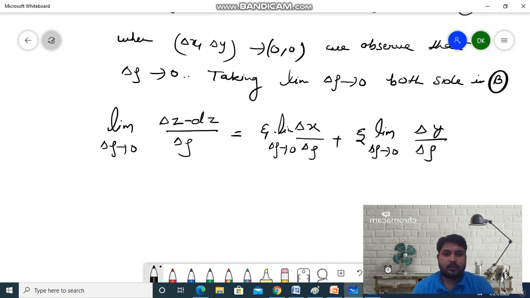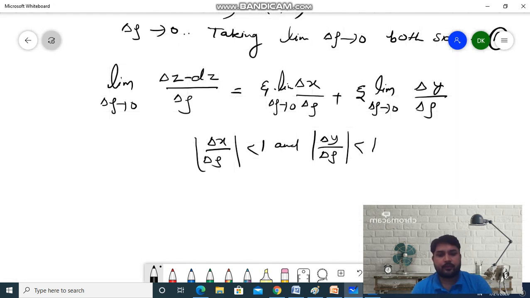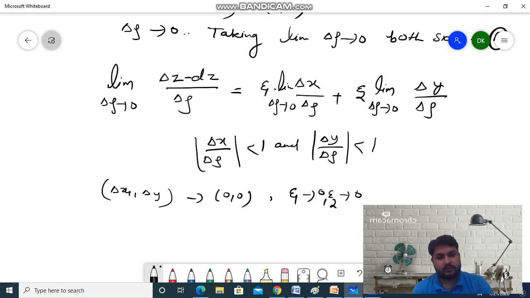We can observe that del x upon del rho and del y upon del rho both have mod values less than 1, so both are finite values. So if the function is differentiable, then del x, del y tend to 0 and epsilon 1, epsilon 2 tend to 0, and the left hand side limit tends to 0.